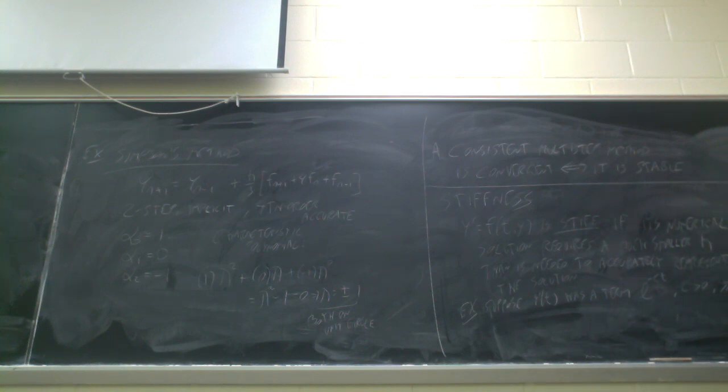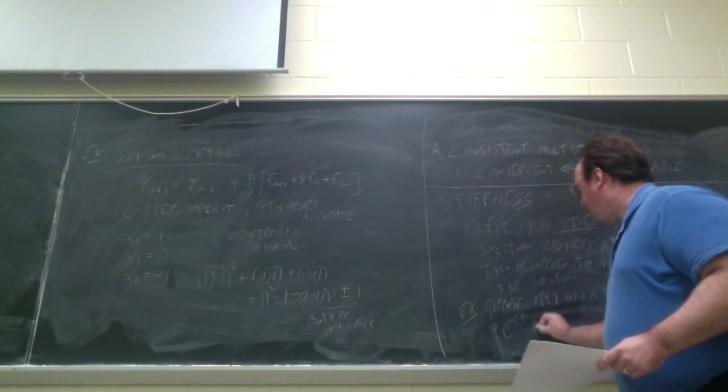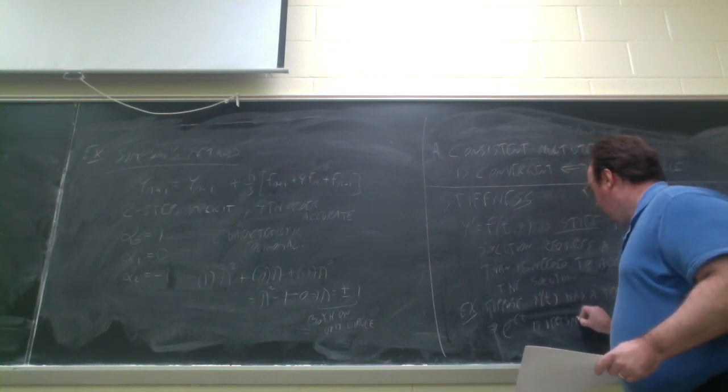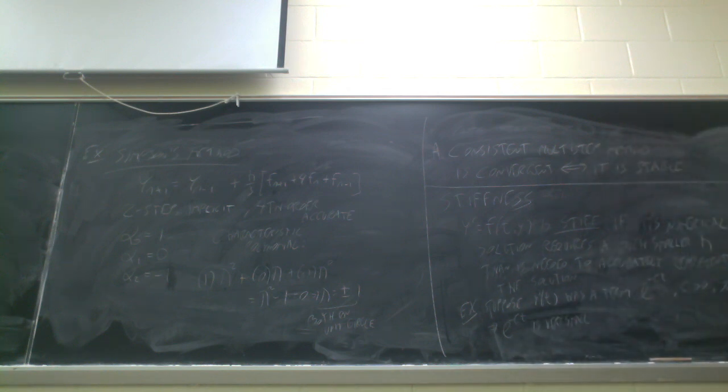Now, the thing is, when this happens, this expression is very small. So in terms of the contribution it makes to the solution, as far as graphing purposes, is practically nothing. You wouldn't even see it as part of the solution.